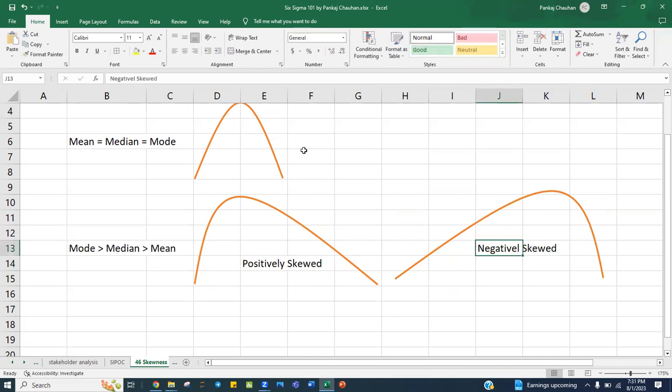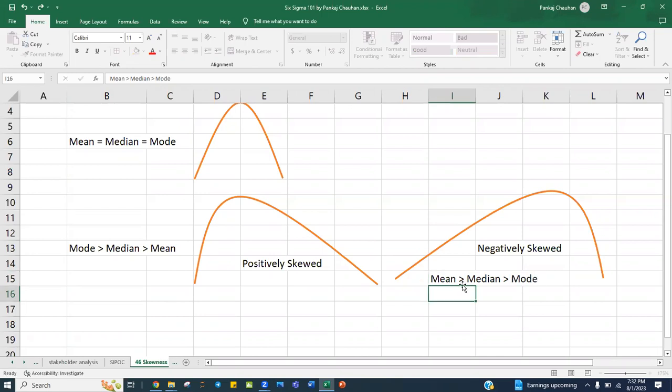In this negatively skewed data, looking at how the data is spread, your mean value will be somewhere here, then the median will be somewhere here and the mode will be somewhere here. So this is just opposite to the earlier case. Your mean value is greater than the median, which is greater than the mode. This is how negatively skewed data will be.